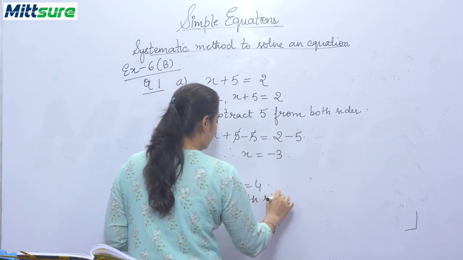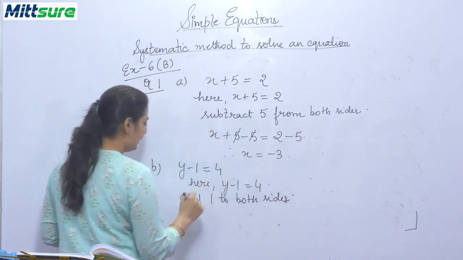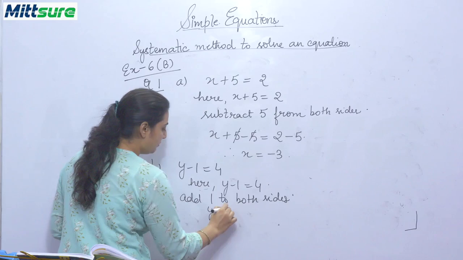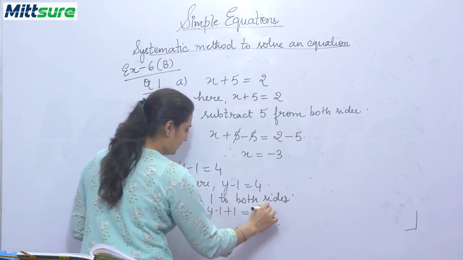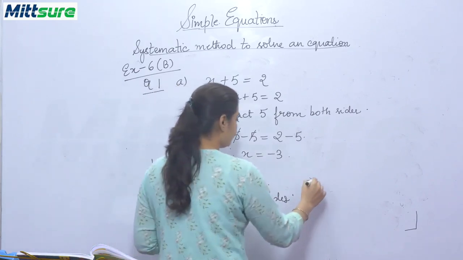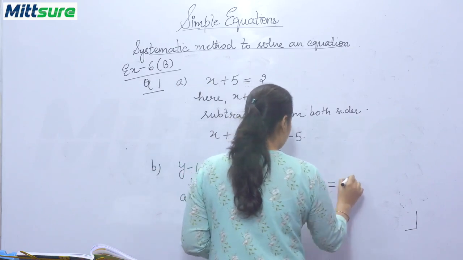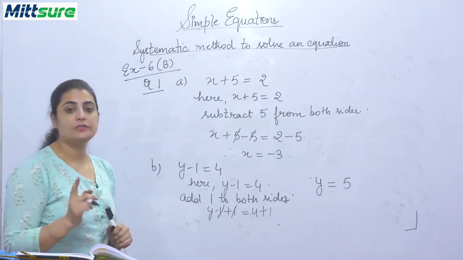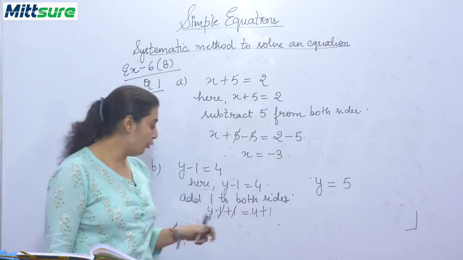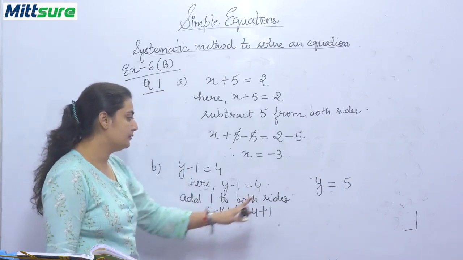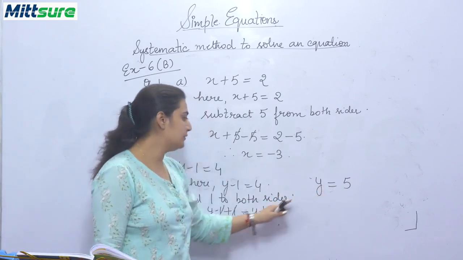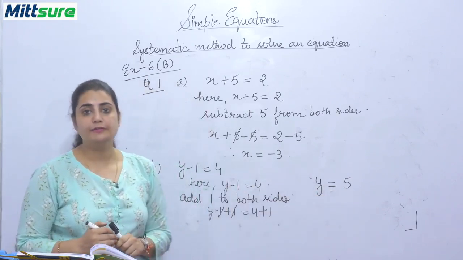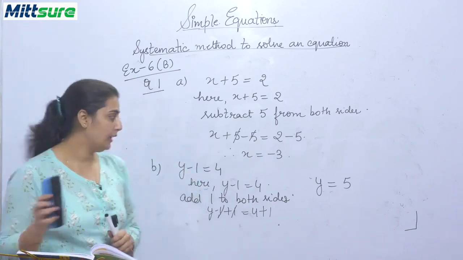That is y minus 1 plus 1 equals to 4 plus 1. So y is equal to 5. This one gets cancelled by this one because 1 minus 1 is 0. So y plus 0 is y and 4 plus 1 is 5. This is how you have reached the solution of the equation.